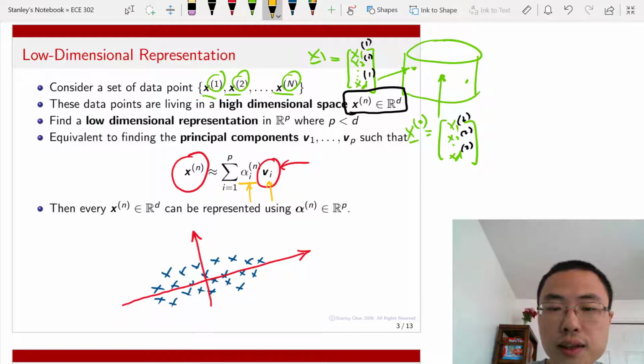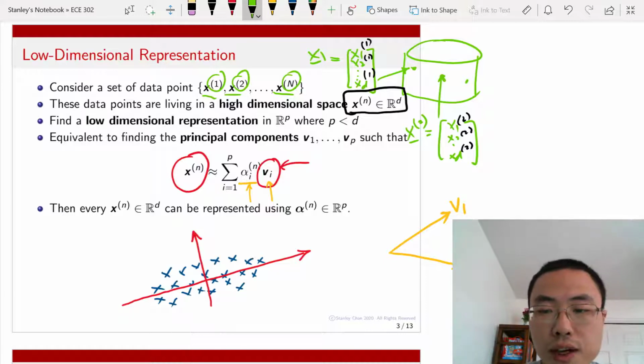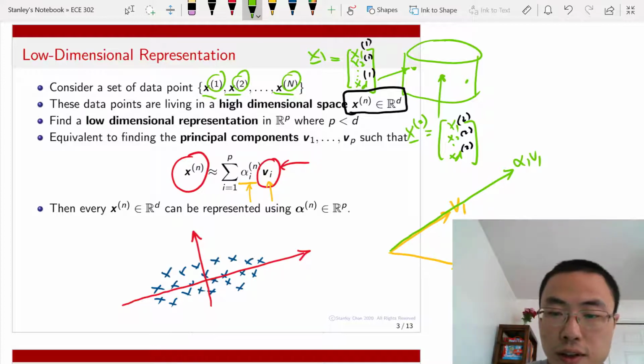So let's say I have v_1 being this vector, and then v_2 being that vector. And then you have alpha_1 and alpha_2. Let's say alpha_1 has a length. When you multiply them, that will just extend the v_1 vector as alpha_1 v_1. And then you have another alpha_2. Maybe alpha_2 is here, so this is alpha_2 v_2.